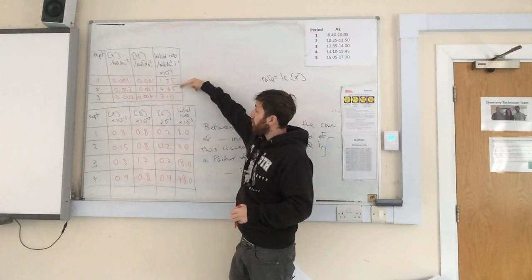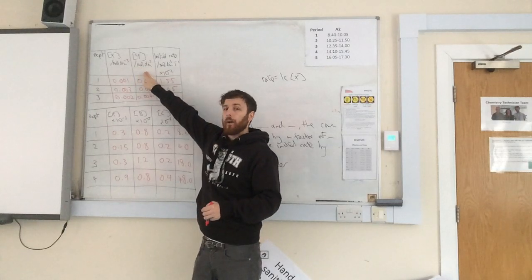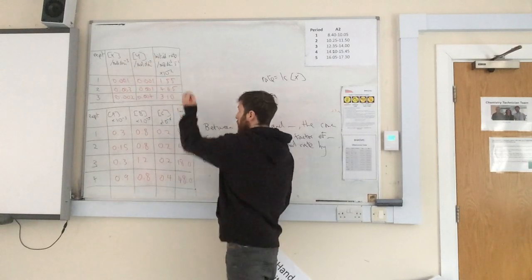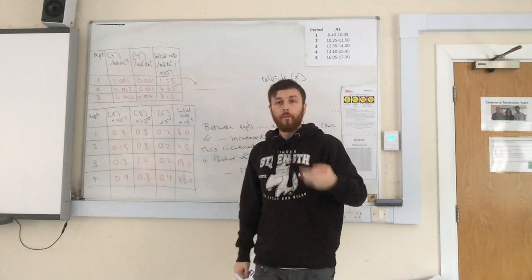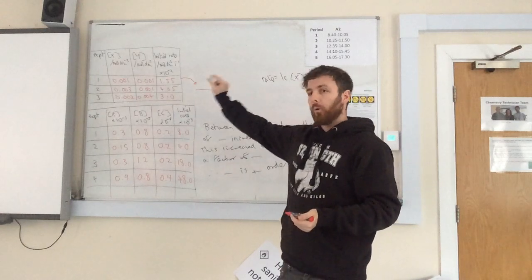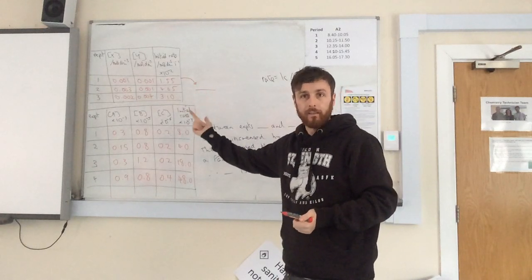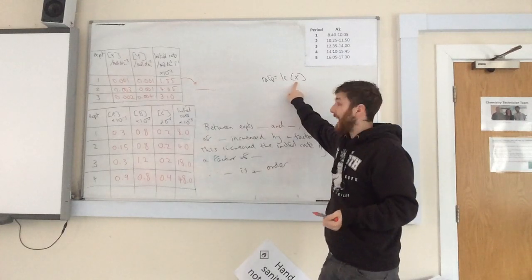Between experiments 1 and 3, both x and y have changed. So what I'm going to do is, first of all, figure out what effect the chemical we already know the order of would have had on the rate. So we know x is first order, we just figured that out.